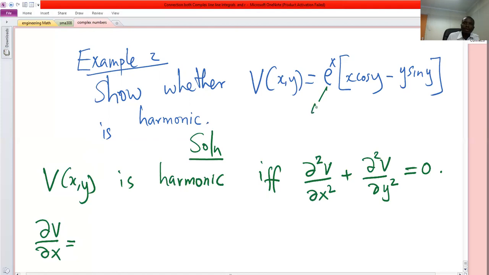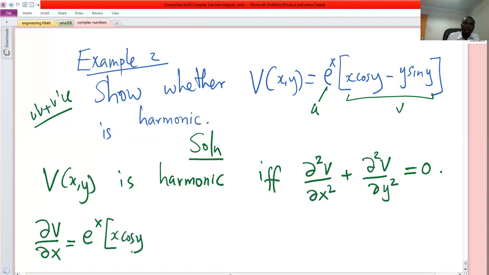So let this one to be our u, all this bracket to be our v. So u prime v plus v prime u. So differentiating this partially with respect to x, we get e raised power x into x cos y minus y sine of y. This is u prime v plus v prime u. You differentiate this bracket partially with respect to x, and because it's the only term that has an x, the answer will be cosine of y, and then you multiply by e raised power x, which is u.